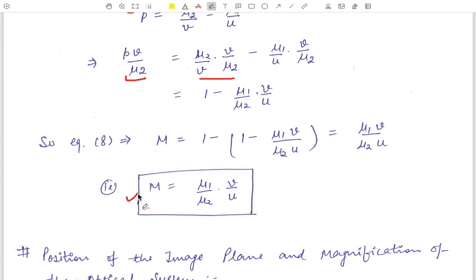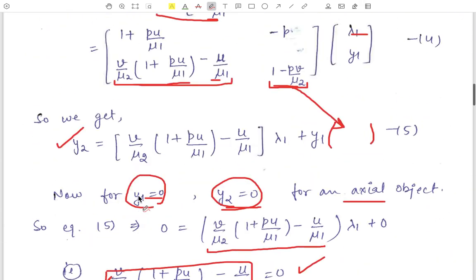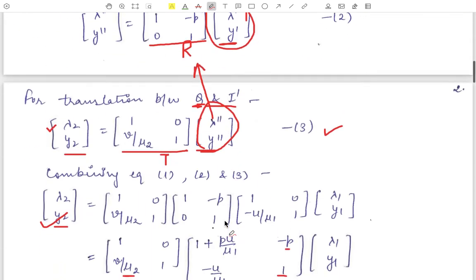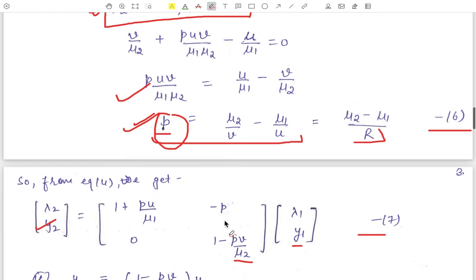This is the magnification required for कौन सा system हमारा, for the spherical refracting surface. ठीक है, so this is it about this article.